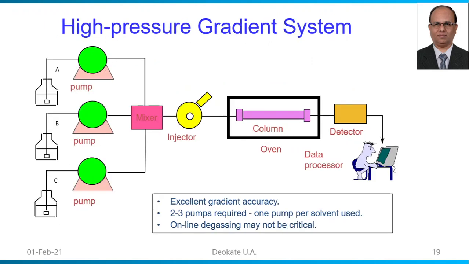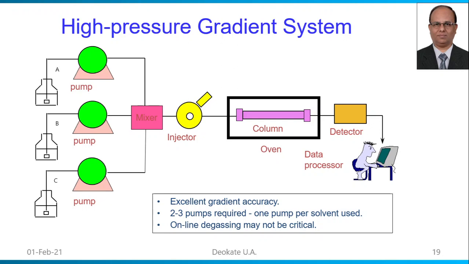The next is the high pressure gradient system. In the case of the high pressure gradient system, for each mobile phase we have to use a separate high pressure pump. Here you can see three mobile phases, A, B, C, kept in three reservoirs, and three pumps are used. These pumps will suck the liquid from the reservoirs. After that, they will be mixed in the mixing chamber. The remaining components are the same: injector, column oven, detector, and readout system.